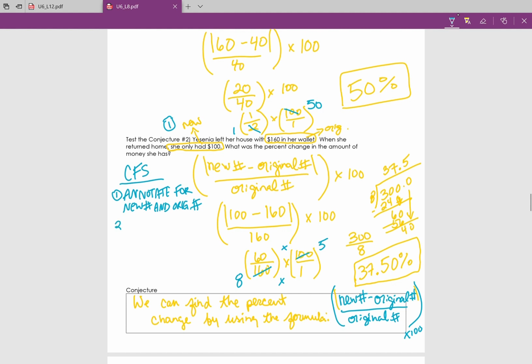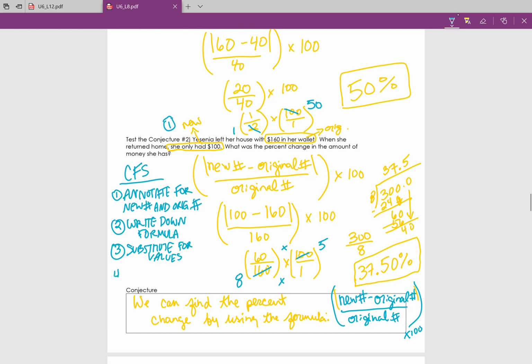And then the second thing that we're going to do is we're going to write down our formula. And once you have all of that, you can easily substitute. Substitute for values.